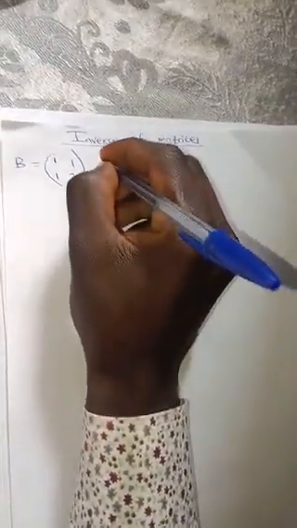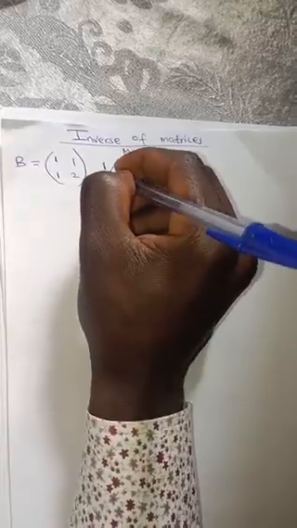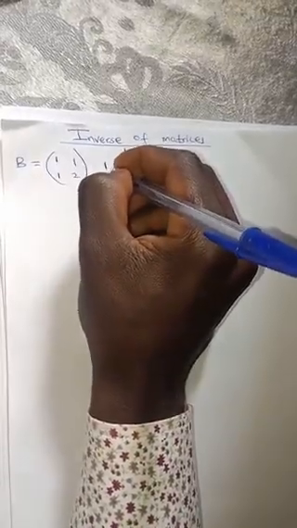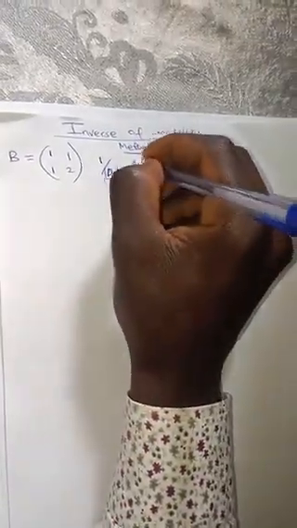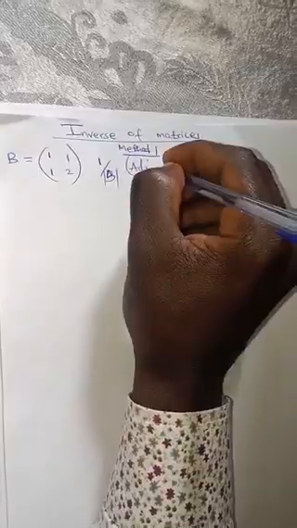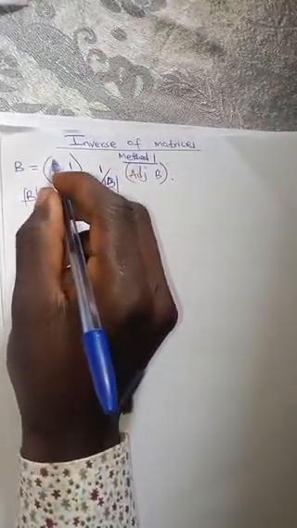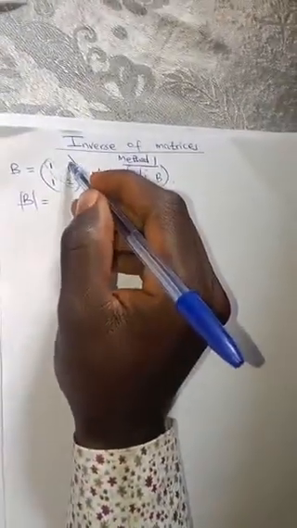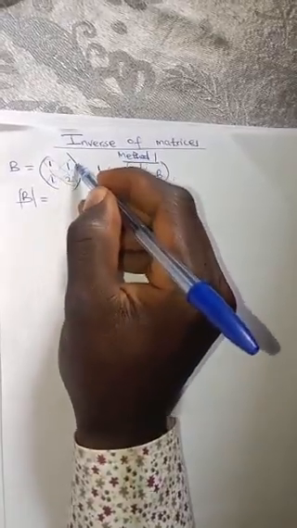Method 1 can be found by 1 over the determinant of B, then multiplied by the adjoint of B. Determinant B equals multiplying the elements on the leading diagonal, then subtracting the product of the elements on the other diagonal.